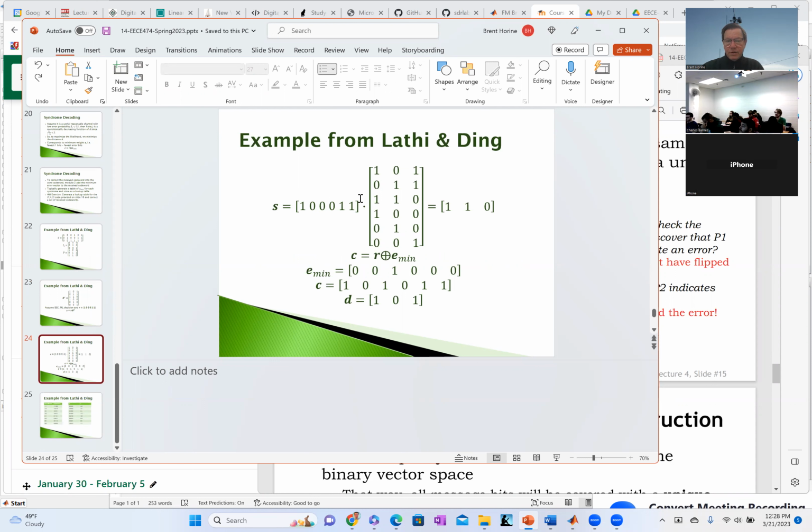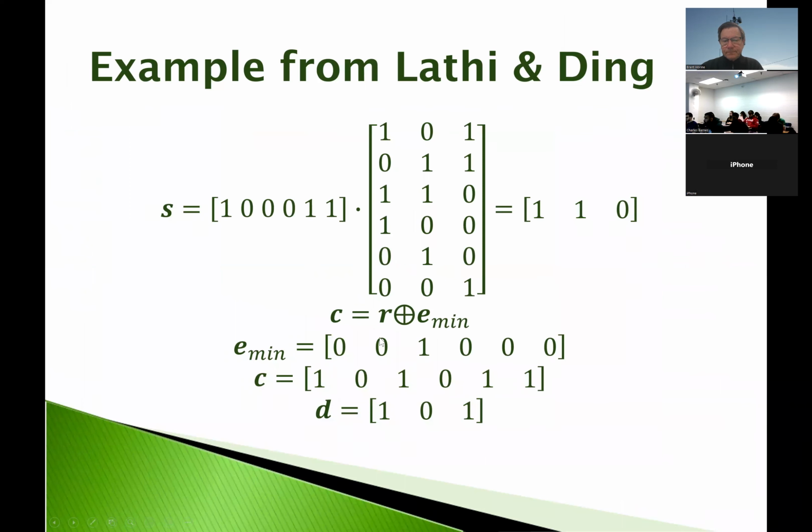This is our received R, this is our H transpose, and if you do this matrix multiplication, you'll end up with 1100. Now we know that we want to find this E_min, so we can modulo 2 add that to R and produce our desired code word.